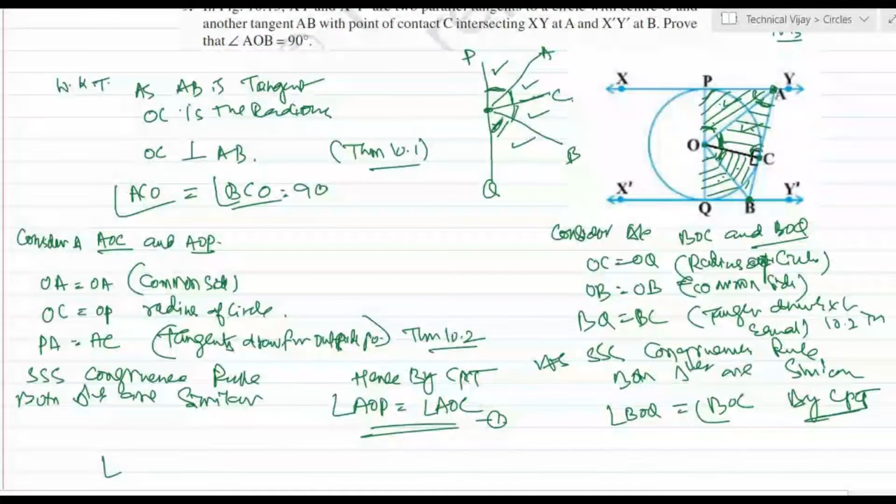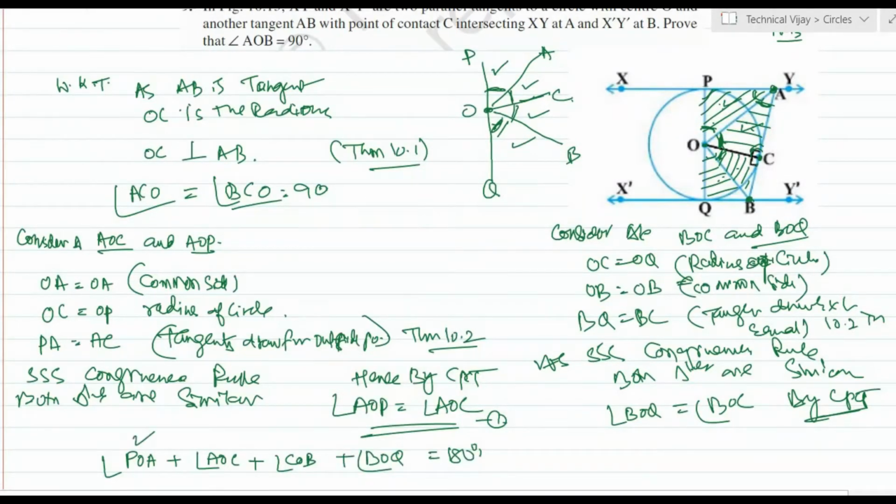So with O as the point, angle POA plus angle AOC plus angle COB plus angle BOQ is equal to 180 degrees. You see here POA is equal to COA, that is AOP equal to AOC.